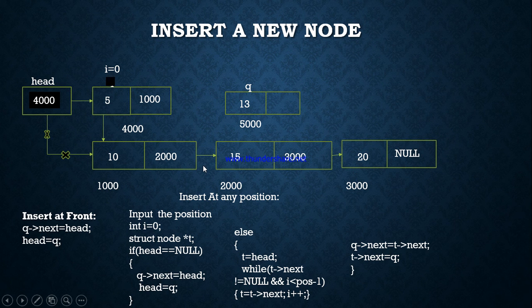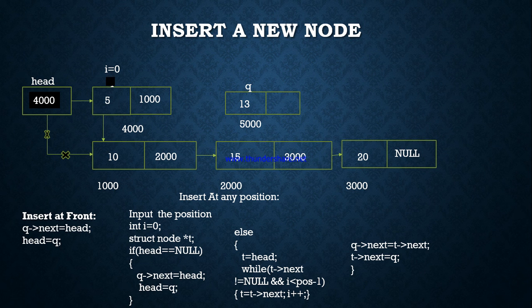That means in position 2 we want to insert our new node. And I is our position variable, or position indicator. So I equal 0. Now start node t. So t is a start node type pointer which points the node.